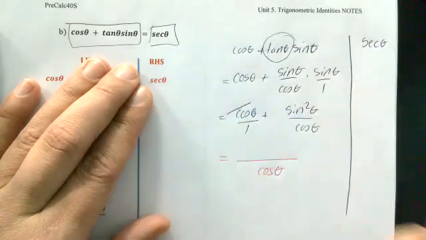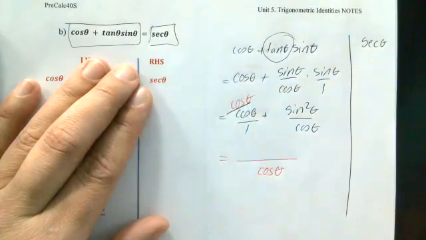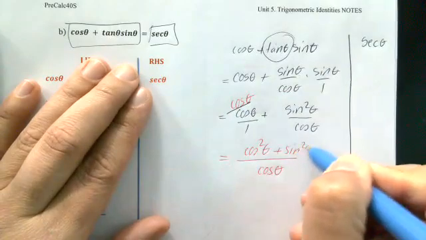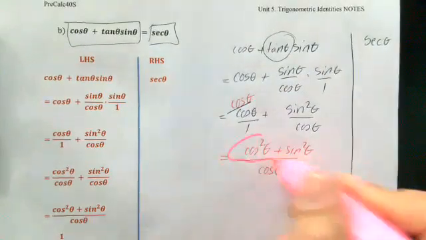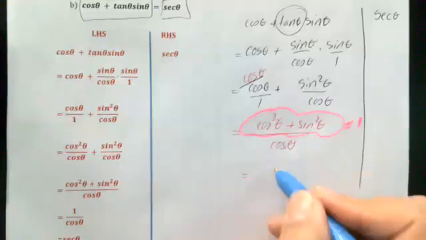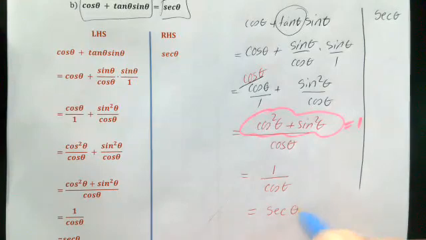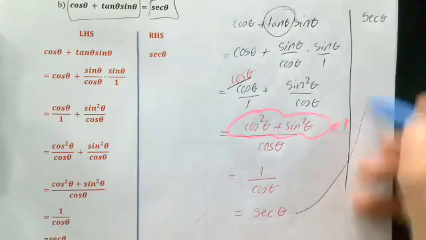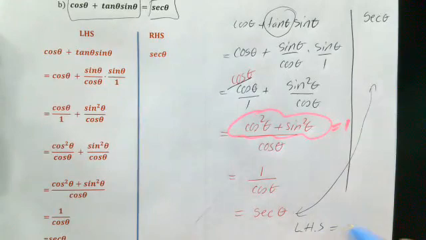That means I have to amplify there with a cosine of theta. Cos times cos is cos squared theta plus sine squared theta. That's the Pythagorean identity, which is 1 over cos of theta, which is secant of theta. And we notice that the left-hand side is equal to the right-hand side.